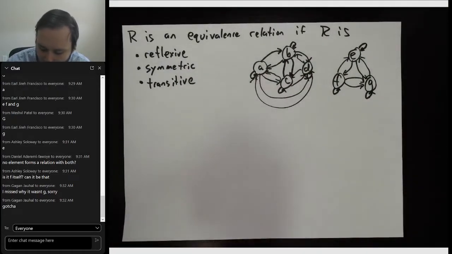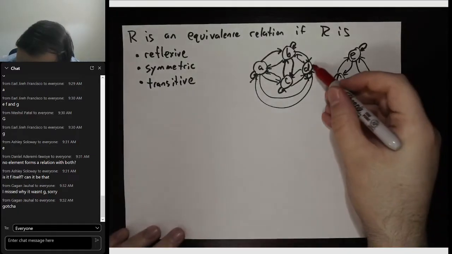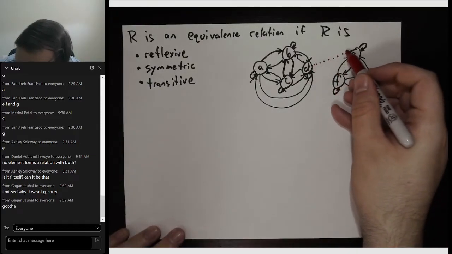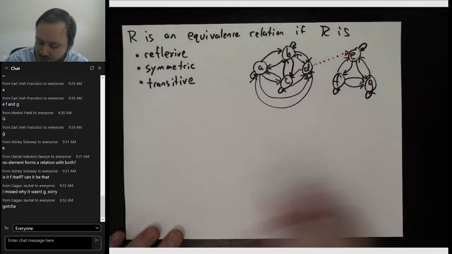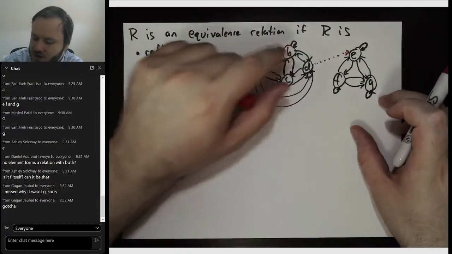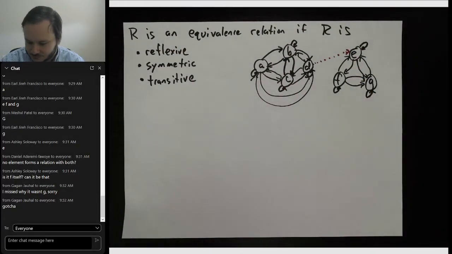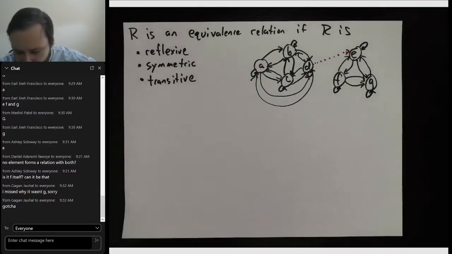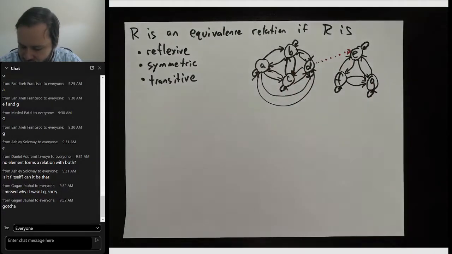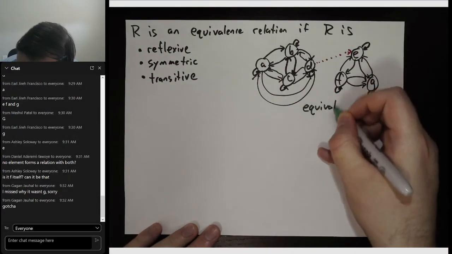So if I added one arrow from D to E, that would require tons more arrows. E back to D, but also everything over here would have to get connected to everything over here in both ways. And so we call these two groups equivalence classes.